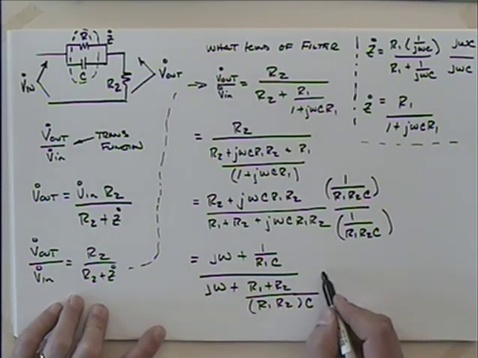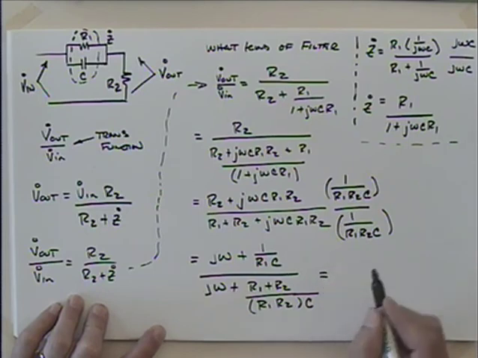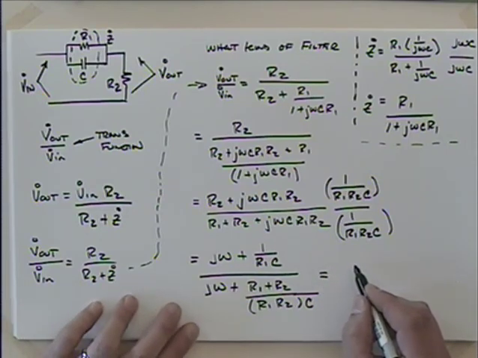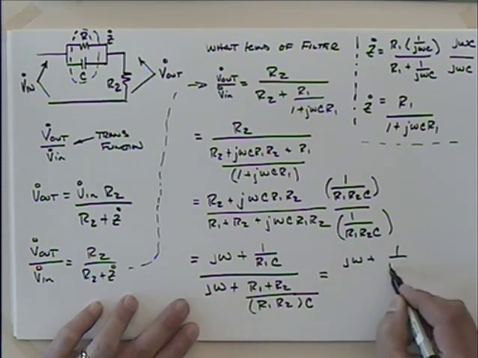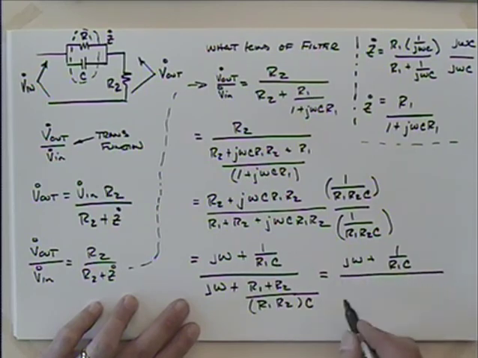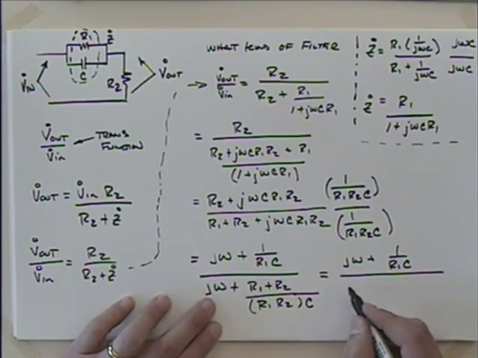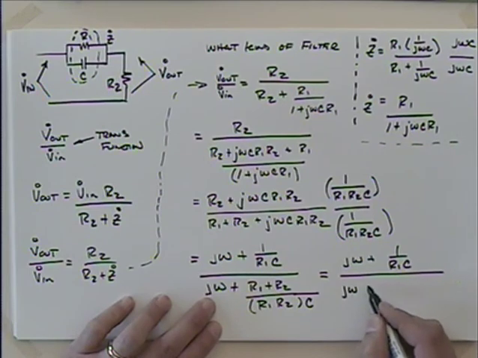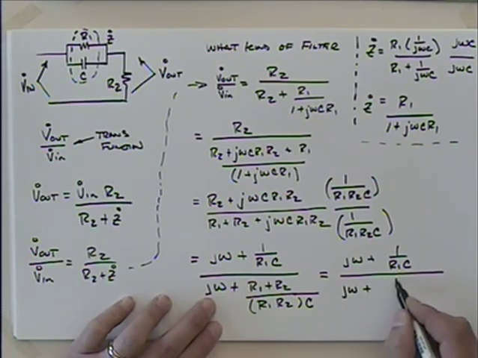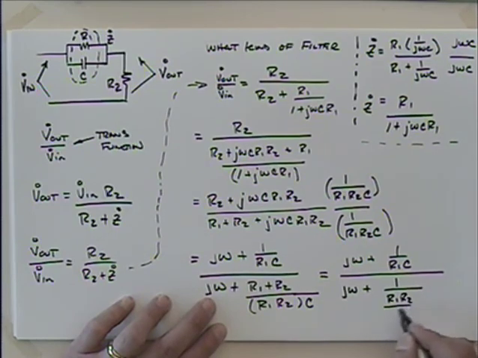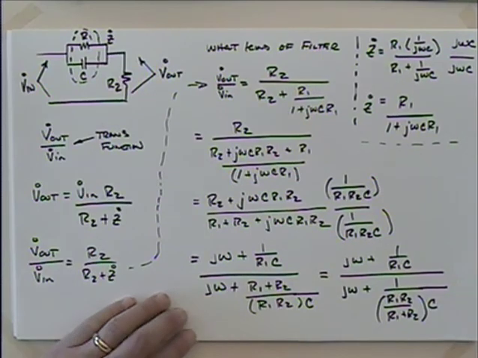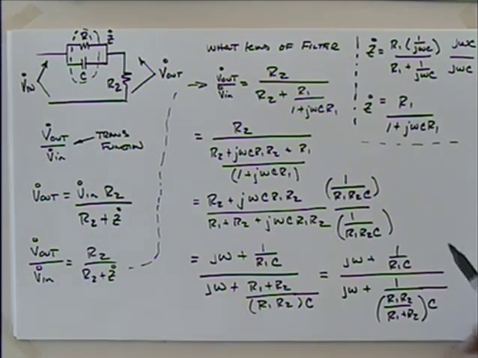Now I think when I did the simplification, I did one more step. We'll try this on. We could have j omega plus 1 over R1 times C, nothing new in the numerator, but the denominator, I could say that I have j omega plus 1 over, and then I could take R1 R2 divided by R1 plus R2 times C, which is kind of nice because then I have these two terms here.